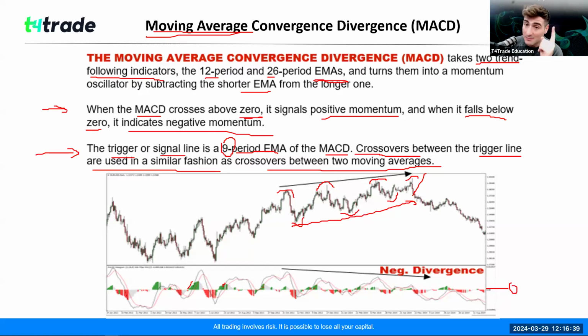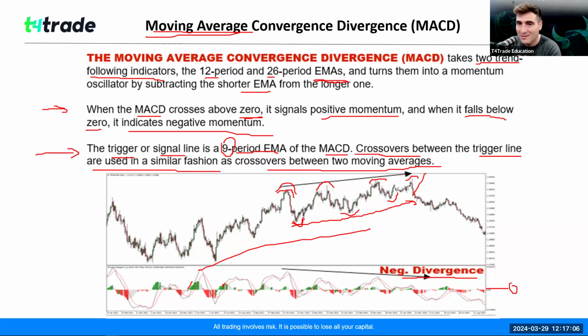But when you inspect the MACD indicator below your chart, it tells you a different story. The higher highs and the higher lows do not coincide between price action and the MACD. And you can clearly see here, this is what we call a divergence. It's in a sense an early signal that the momentum and the strength of the prevailing trend upwards is losing ground.